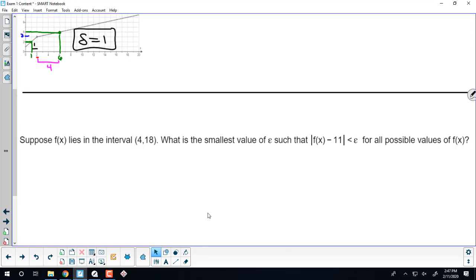So we're given that y lies in the interval 4, 18, and we want to know what's the smallest value of epsilon so that the inequality is satisfied.